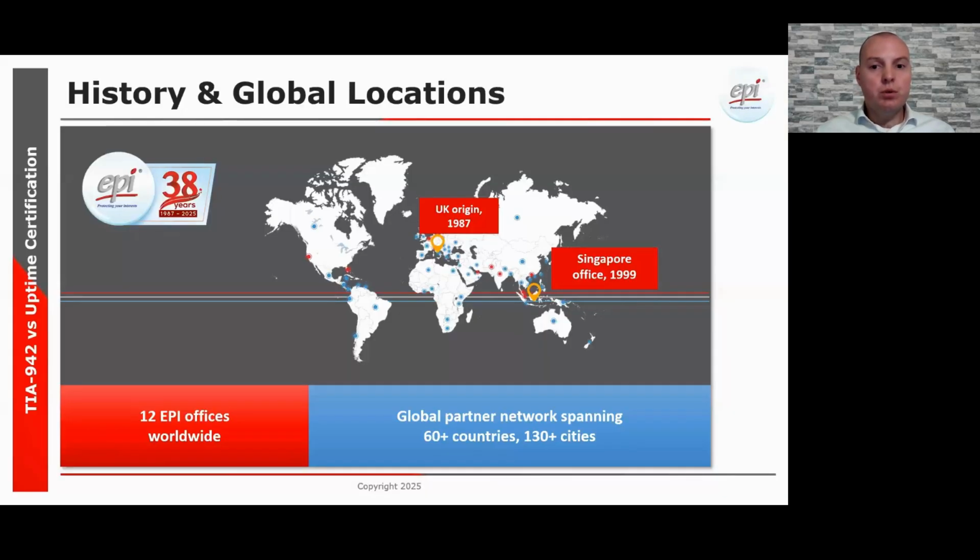Now, for those who don't really know us, EPI was founded 38 years ago in 1987. In 1999, our HQ was moved to Singapore, and from there we created 12 offices worldwide with a global network of 65 plus partners in over 60 countries and over 130 cities.